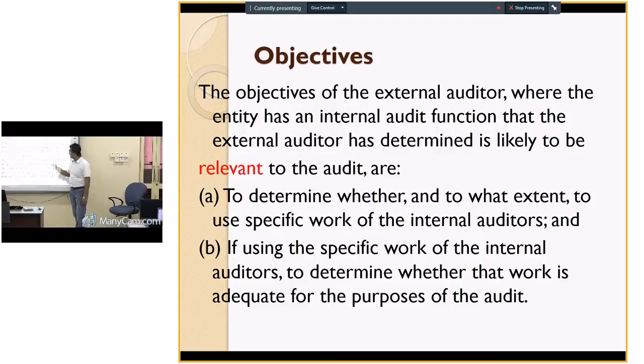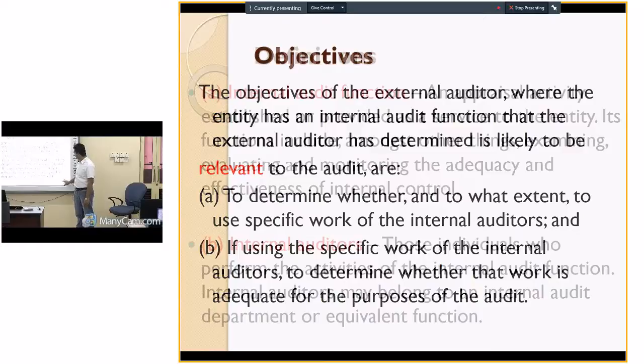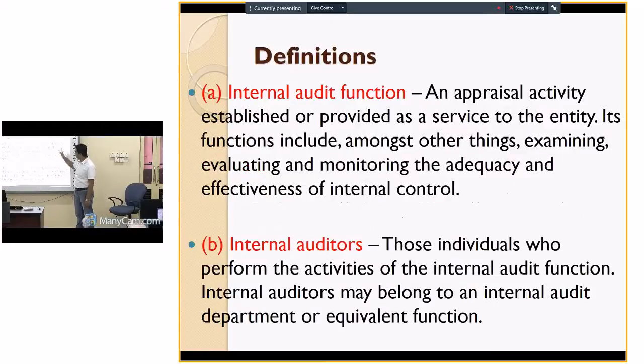This is what again I discussed: to determine whether to use the specific work of the internal auditors, these are the factors we want to consider. Okay, we'll discuss that part. You know what the internal audit function is? An appraisal activity established or provided as a service to the entity.